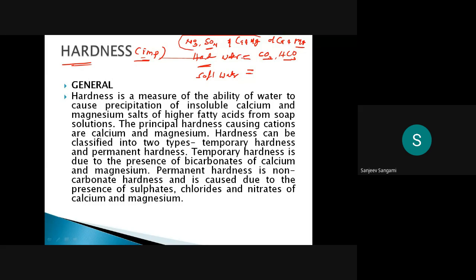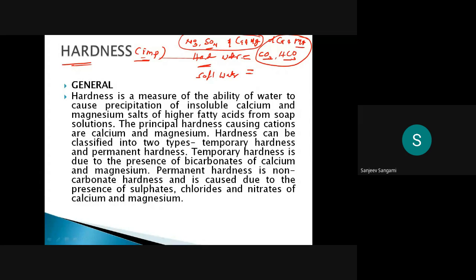Okay, these ions are responsible for causing the hardness of water. So the reason it is not giving lather is that the calcium and magnesium ions are more in this hard water.